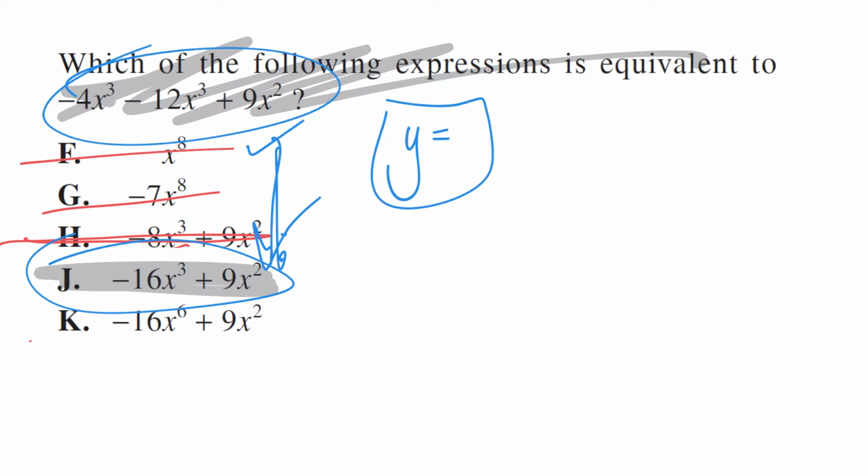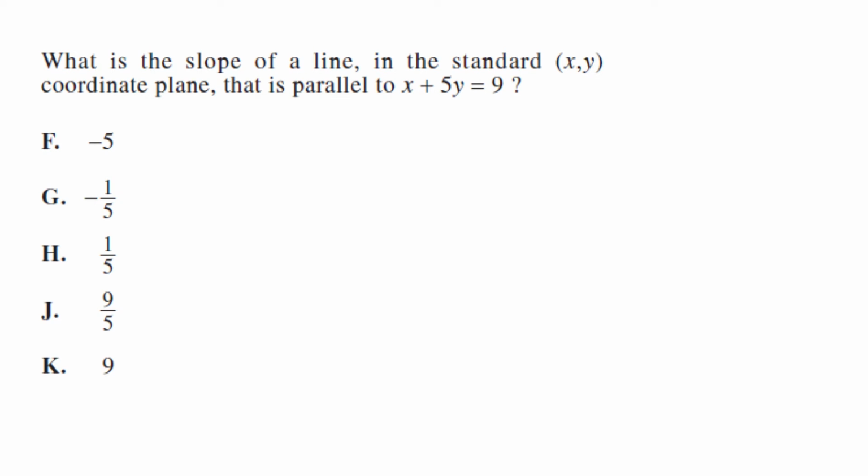Here's another one we could probably do in actual work, but if we're running out of time and we just need a guess, don't just pick a letter, look at the answers and see what we have. 3 of our 5 answers are fractions, which makes me think that we have a fractional answer. And beyond that, they are dividing by 5. Now, we also see that these 2 answers are identical except for being opposites.